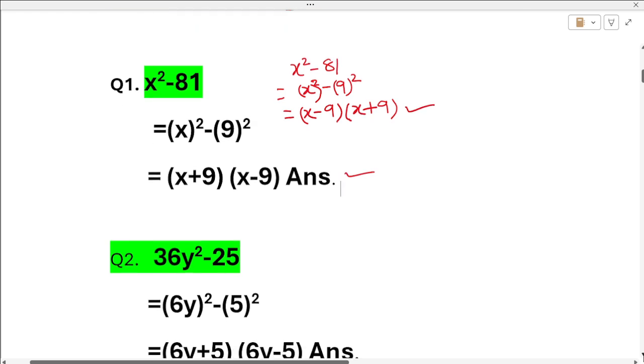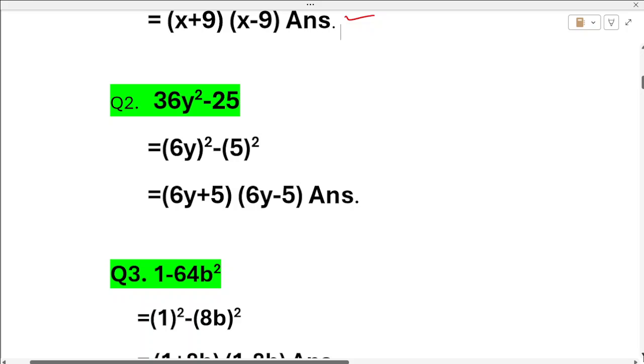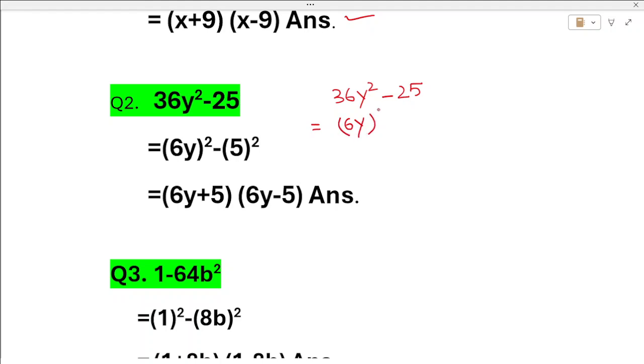Now let us take up another example: 36y square minus 25. You should express it as the square of a term.